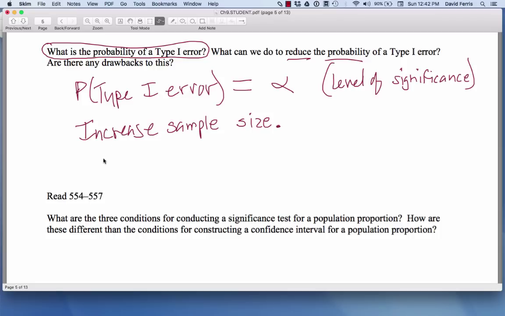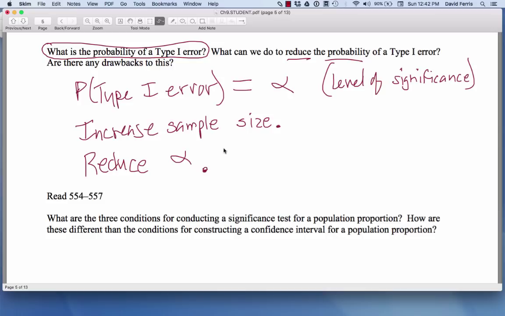And then of course we could just decide, well, let's just reduce alpha. If you just reduce alpha, then of course you're automatically reducing the probability of a type 1 error. But of course, a lot of those decisions are not for the statistician to make. They're for the person doing the test, like a scientist perhaps, or a psychologist, the researcher. So the researcher may have to make those calls in conjunction with the statistician telling them the ramifications of that.